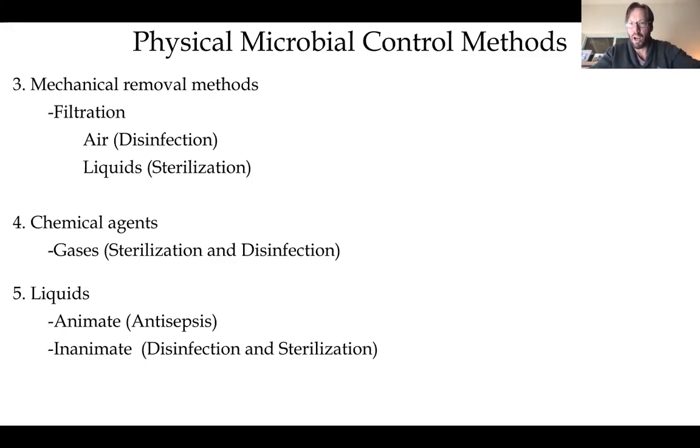If we're filtering air, that's not going to be sterilization. Liquids, yes, right? If we're using liquids on animate things, that's going to be antisepsis. Inanimate, it's going to be disinfection and potentially sterilization. Okay, does that make sense? Okay. Any questions so far?